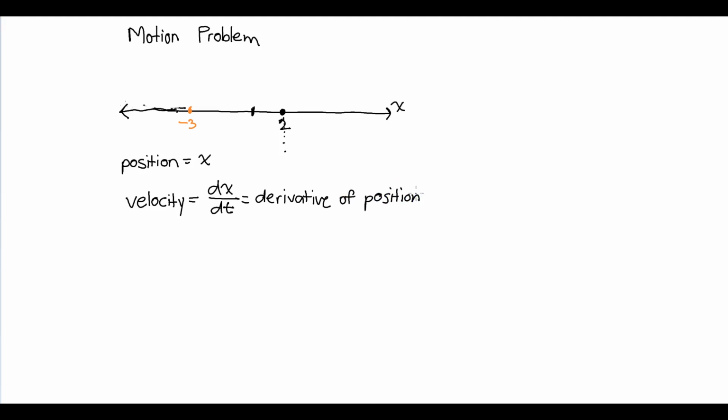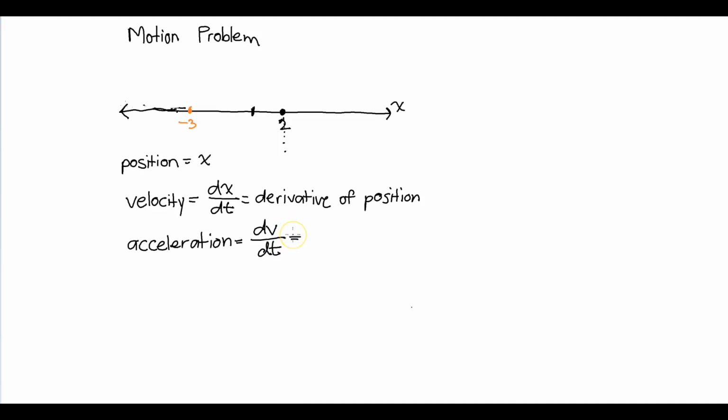Now, acceleration is also another physics word. Acceleration here is the rate at which velocity changes with respect to time. So if velocity was v of t, then the acceleration is dv/dt.